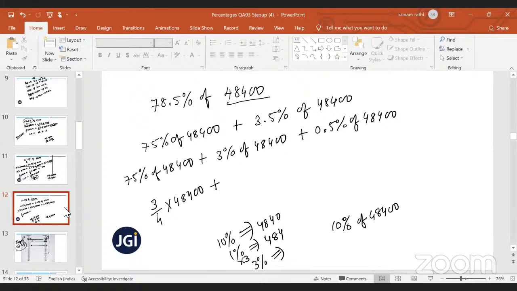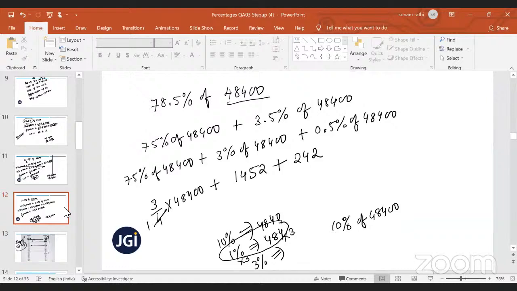Into 3 this side, into 3 this side. So 3% is 1452. Correct? You know 1% is 484, so 0.5% will be 242.